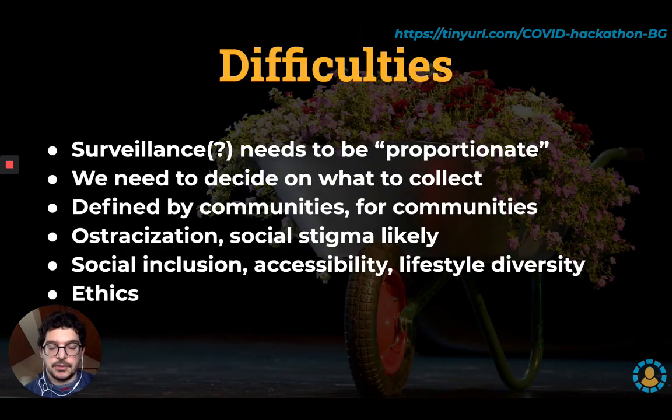But there are still difficulties, of course, difficulties tied to surveillance, which still needs to be proportionate. We need to decide on what to collect, and it's still unclear from epidemiologists what data would be useful. And this has to be defined by communities for communities. So culturally, it's still quite a few steps ahead of what people understand right now.